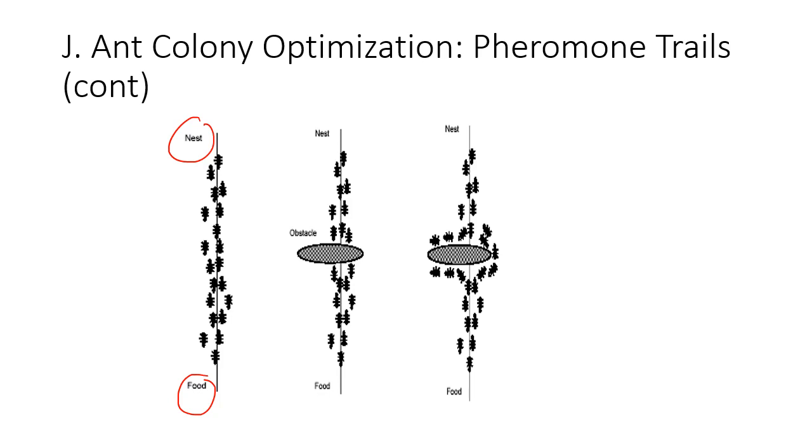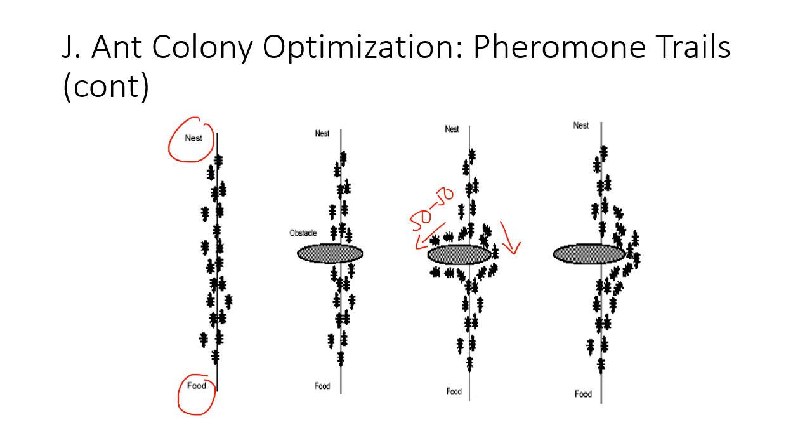When they first started moving, the group of ants will be divided 50-50. Half would go through this path, another half would go at this path. However, since this path is shorter, it means a larger amount of ants would arrive faster here.